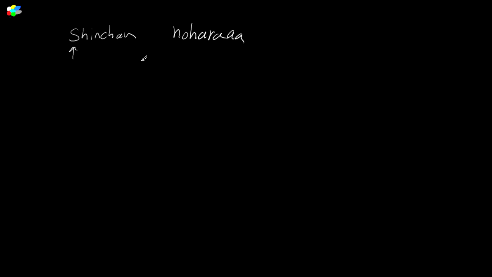So we got S. S does not exist in this string. Okay, so we skip the S. We go to the H, and we look here, and the H exists. It's the third character. So now we say H is part of our substring.